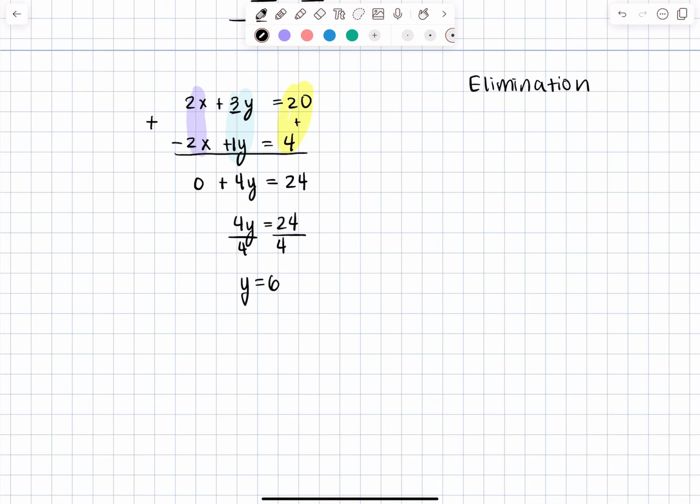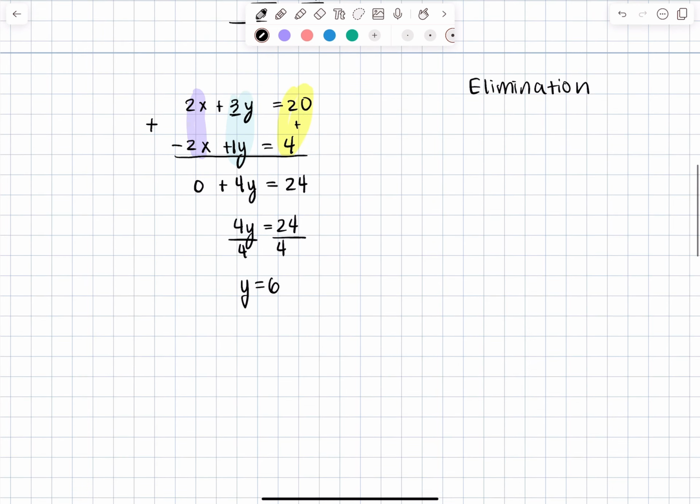Then we can go back in and plug in 6 for y in one of the equations. So let's pick the bottom one, because that seems to be the simplest. So negative 2x plus y equals 4. We know that y is 6, so negative 2x plus 6 equals 4.